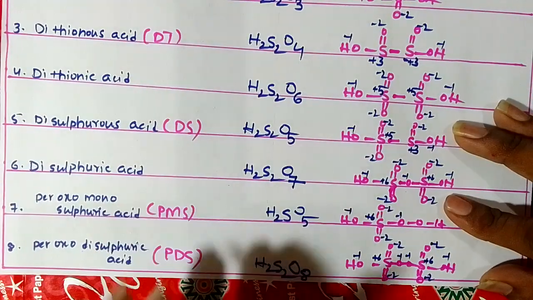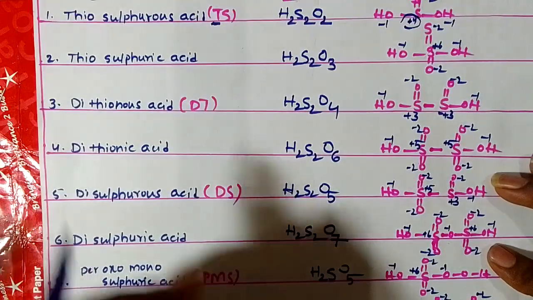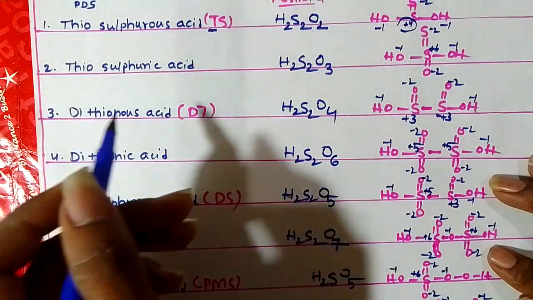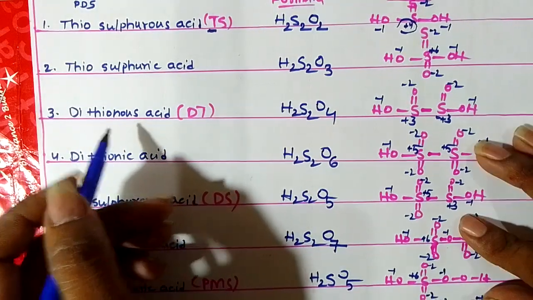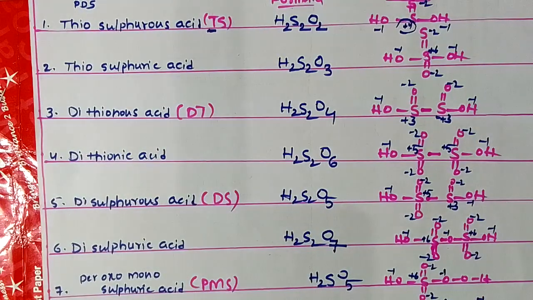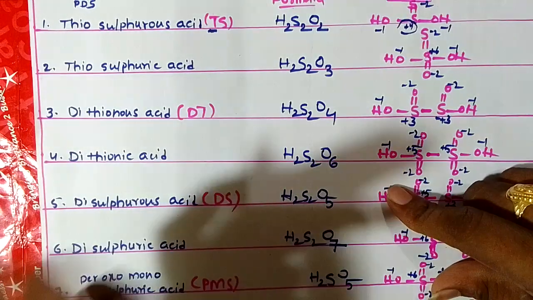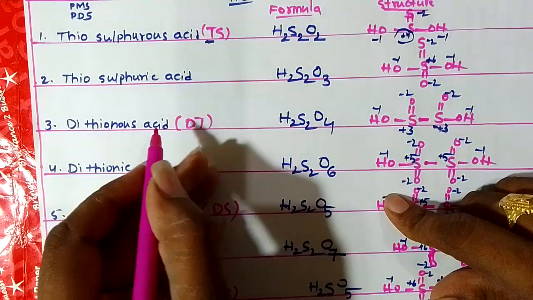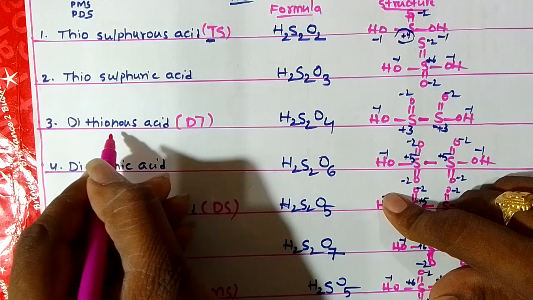Now coming to dithionous acid. It is also called hyposulfurous acid.